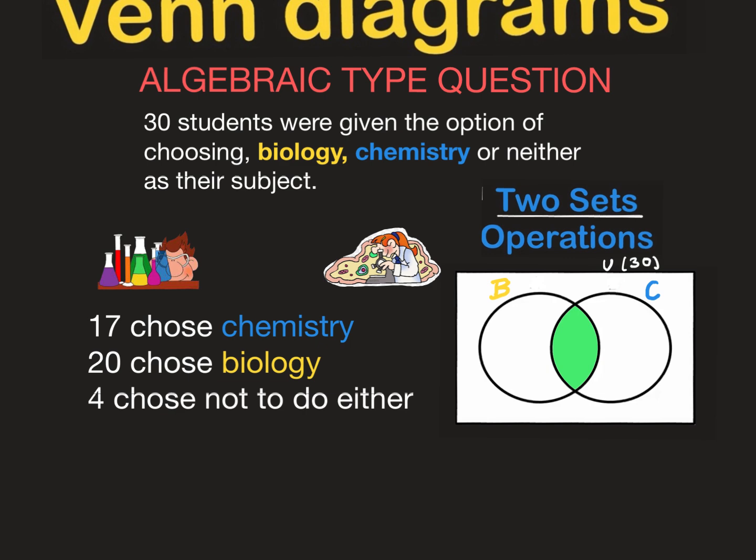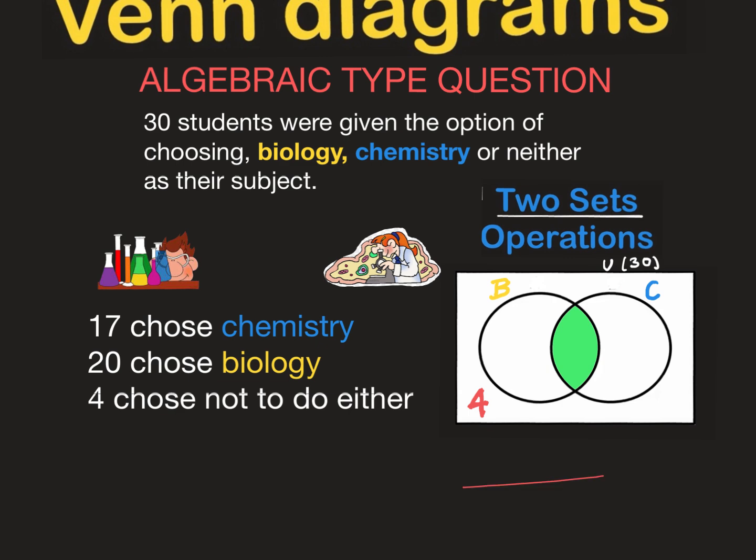Within the rectangle and outside the circular B set and C set, we are going to put in the students who did not choose to do either biology or chemistry. And 4 of them chose not to do either.